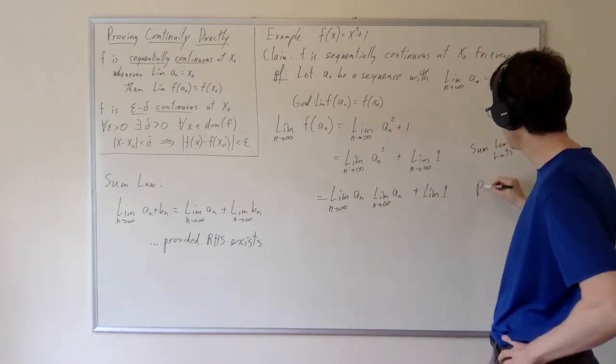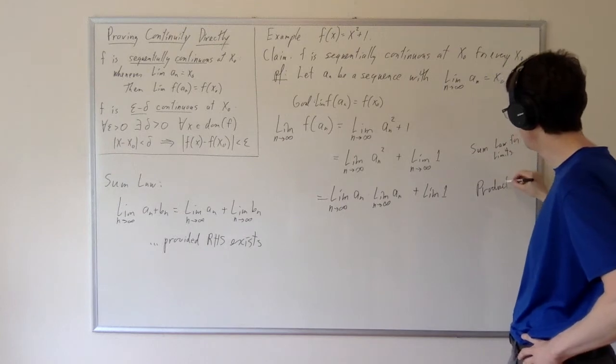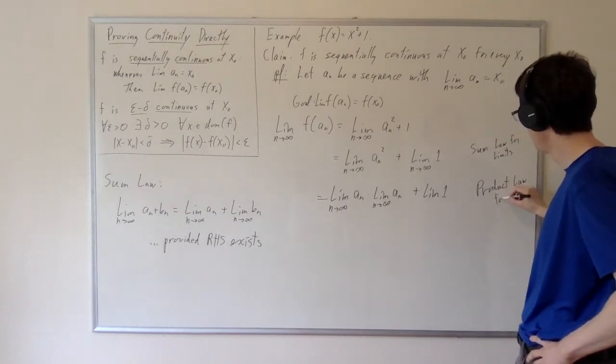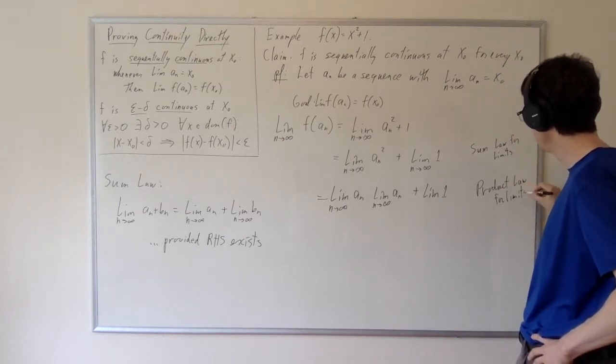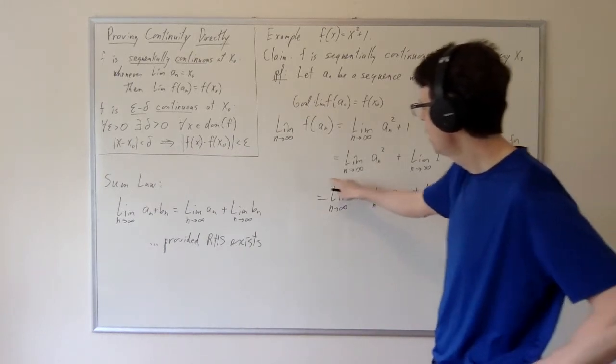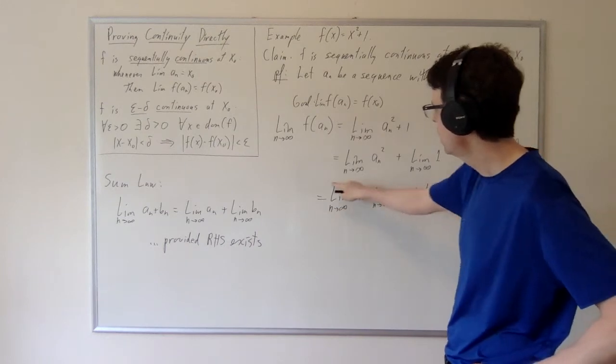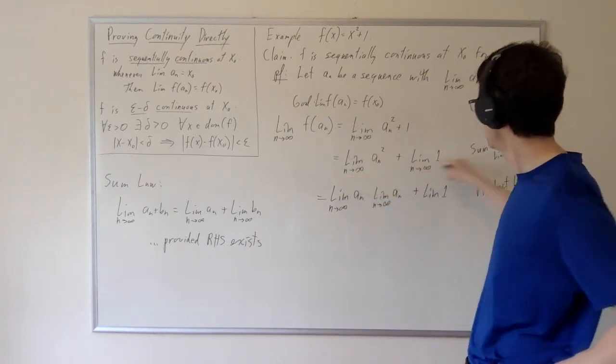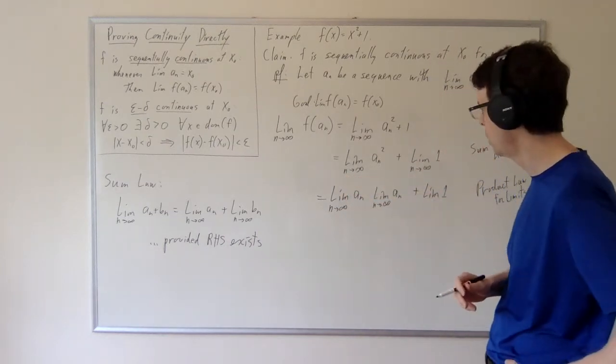So this is by the product law for limits, and we do have the justification for the product law because each of these is known to exist. And notice here that what we have really demonstrated is that this limit actually does exist, which after the fact justifies the use of the sum law.